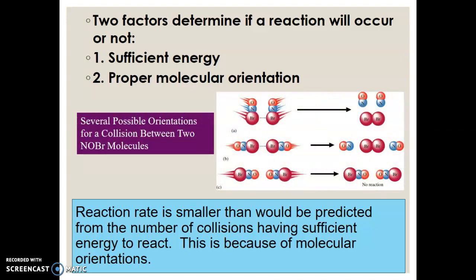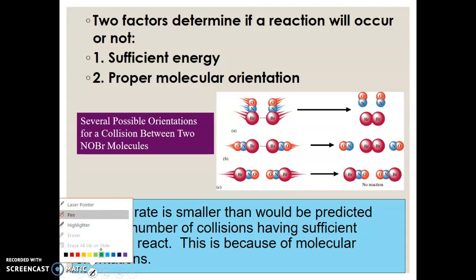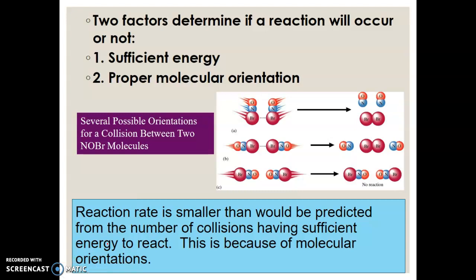So let's talk a little bit about proper molecular orientation. Here are some possible orientations for the collision between NOBr molecules. So you can have all the atoms lining up vertically and these two colliding. And when these collide, the reaction produces a bromine molecule and then two NO molecules.